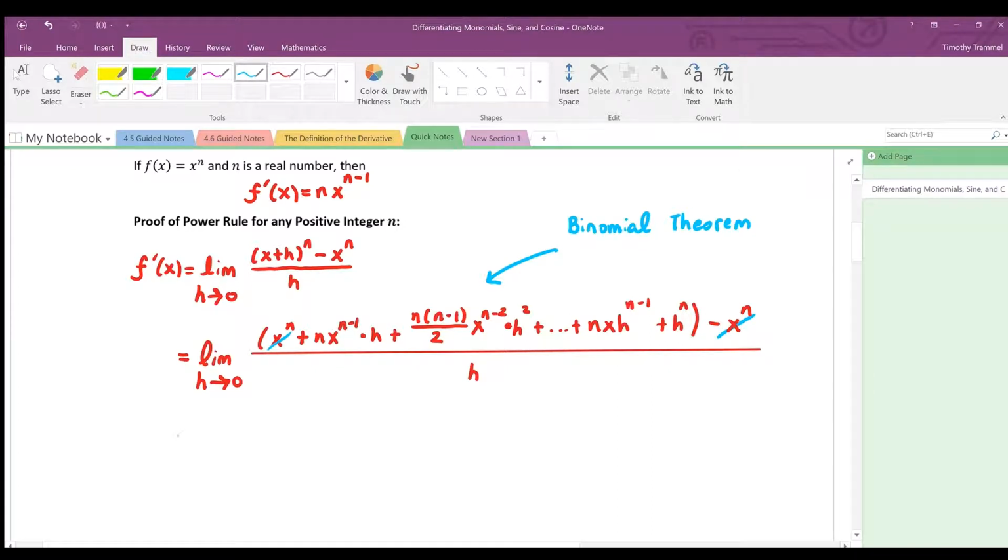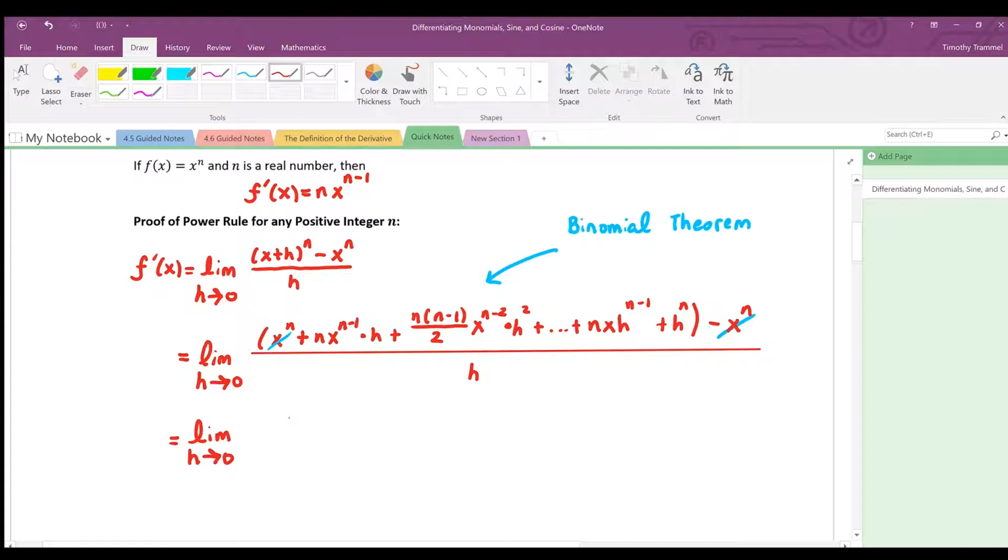All right, let's take this another step further. Notice that out of all the terms that are left, they all have h's in them. So we could factor an h out of the terms that are left here, and we could cancel it with this h that's down here, but I don't want to do that all at once.